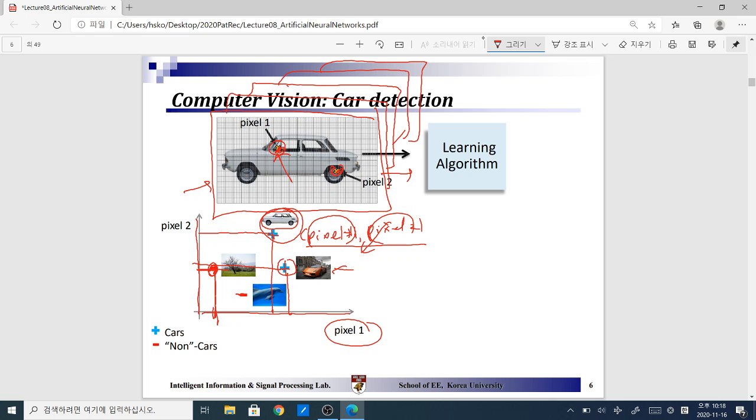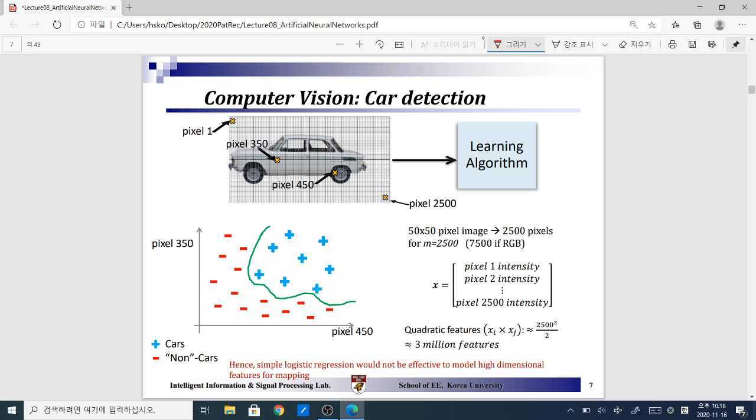So we can have a number of these positive samples as well as negative samples on that particular plot using one particular pixel location and another pixel location. Suppose the two pixel locations happen to be, say, pixel 350, which is this vertical axis, and pixel 450 right here on the horizontal axis.